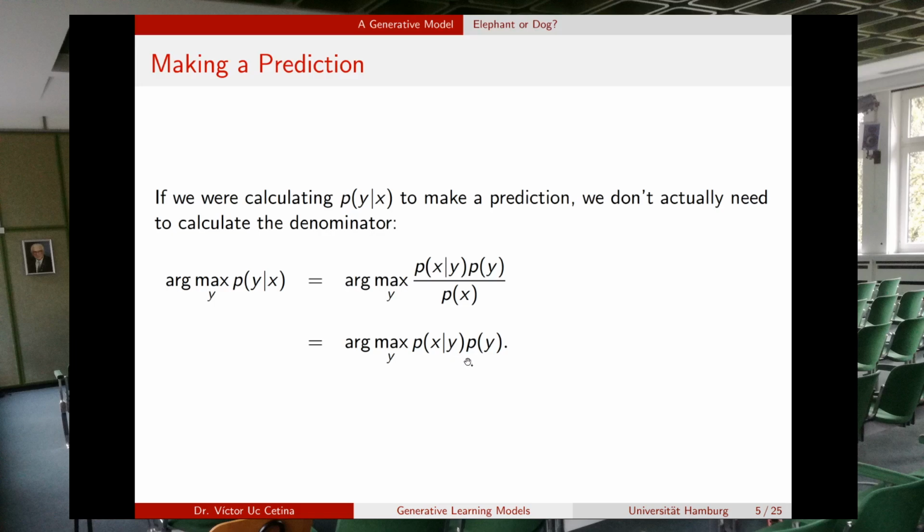Now if you do that, you just need to take into account that this number is not a probability anymore. To make it a probability, you would need to divide it by the probability of x, so you can normalize it. If you compute only the product, this is just a number. You can take it as some score that will allow you to classify the animal, but it's not a probability anymore.